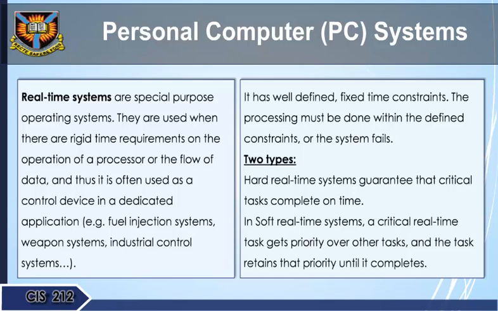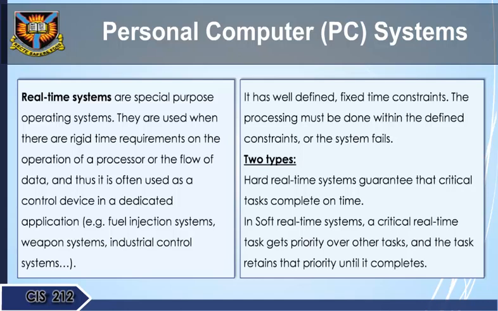It has well-defined, fixed time constraints. The processing must be done within the defined constraints or the system fails. Two types. Hard real-time systems guarantee that critical tasks complete on time. In soft real-time systems, a critical real-time task gets priority over other tasks, and the task retains that priority until it completes.